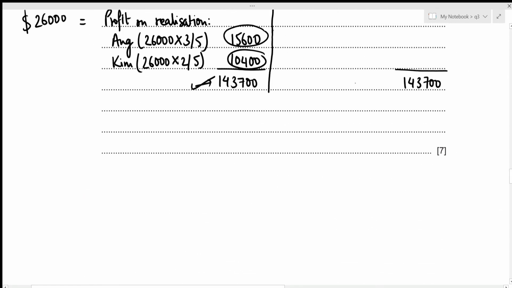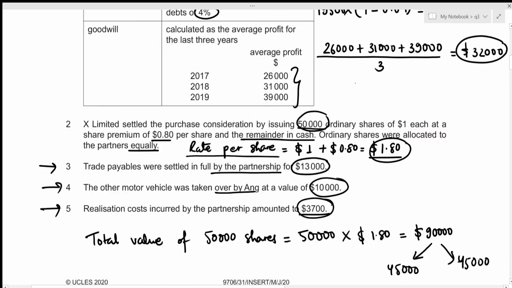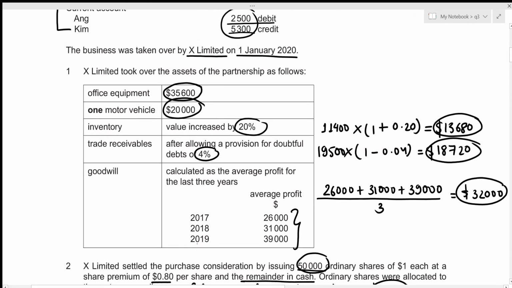We were given the profit for the last 3 years. Okay, we can see that the profit for 2019 was 39,000. So let's figure out the profit for Ang and Kim for that year. We know that 3 out of 5 parts belong to Ang and 2 out of 5 parts belong to Kim. So that's 39,000 times 3 by 5 for Ang and 39,000 times 2 by 5 for Kim.